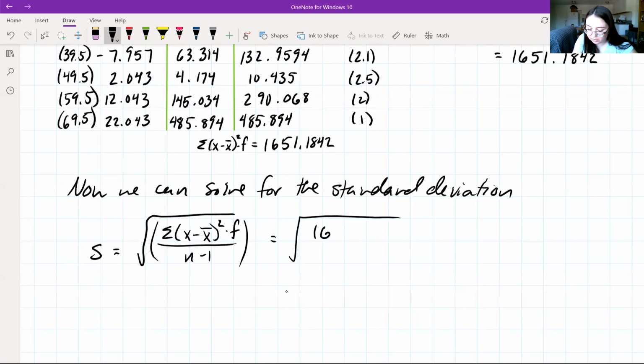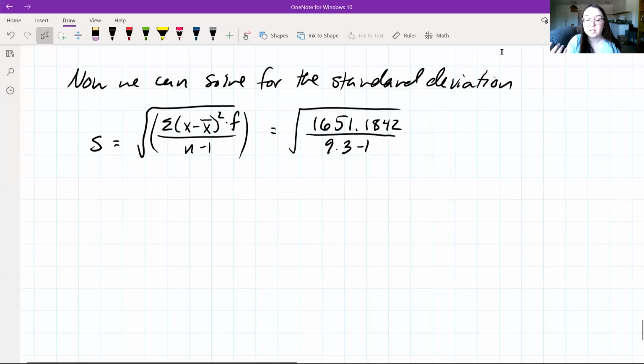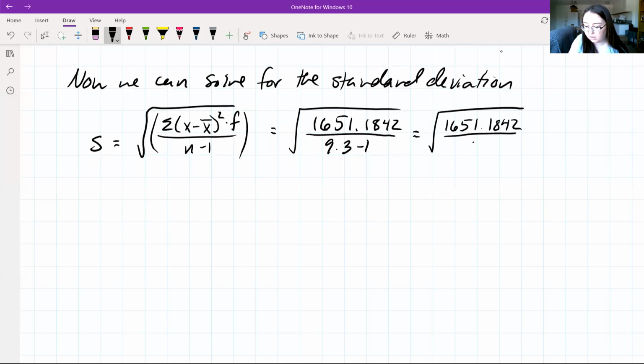Since we just solved for it, we know this is 1,651.1842 divided by 9.3 minus 1. So when we rewrite this, to simplify our denominator, it's going to be 8.3.